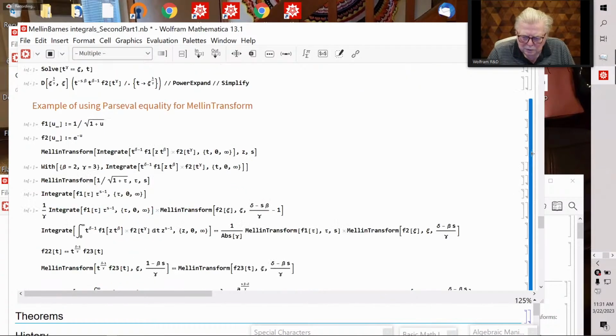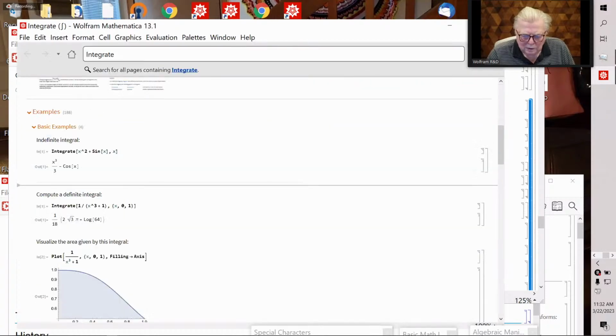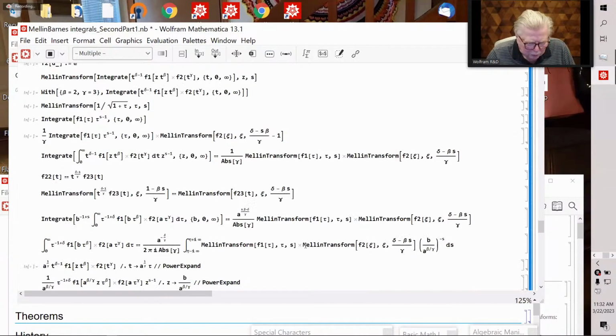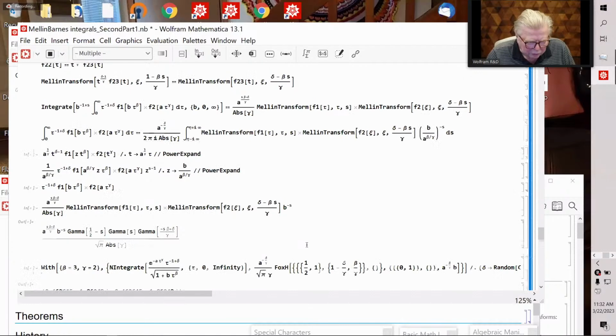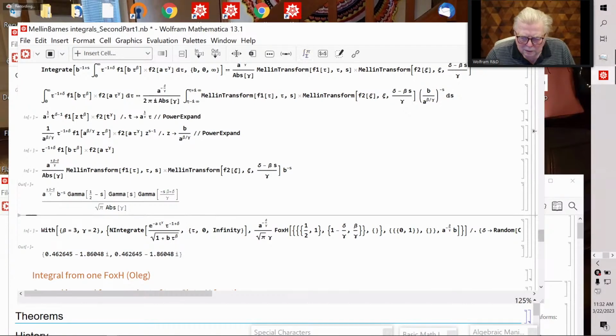Example of using. Oh, sorry. Here. In my notebook, I have to find the formula.